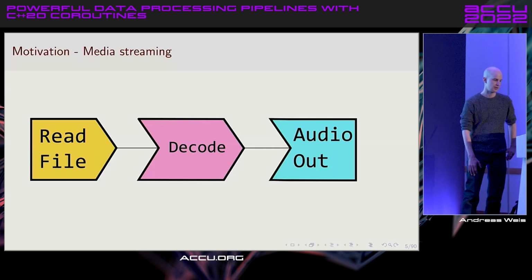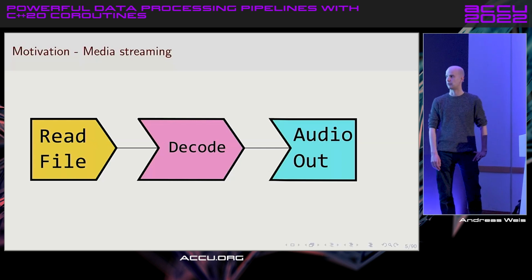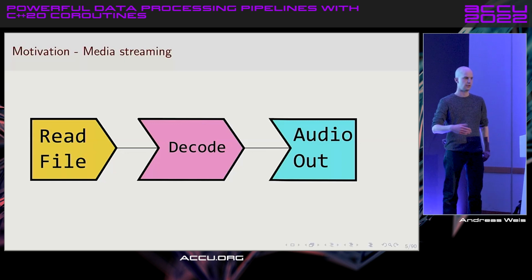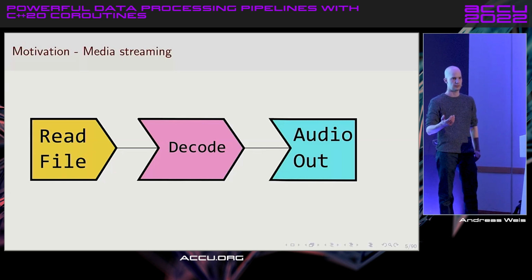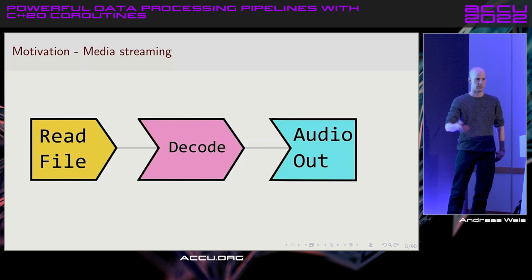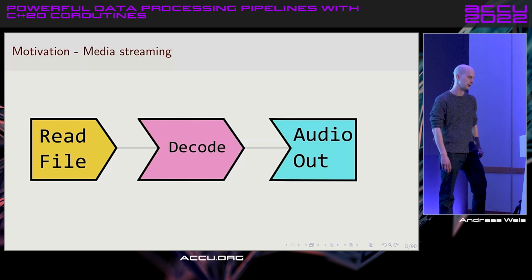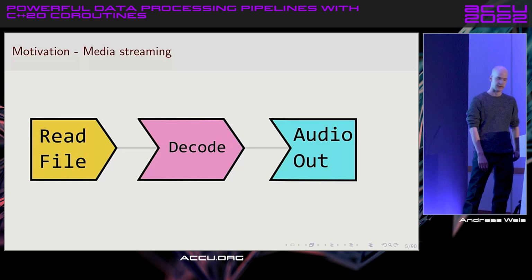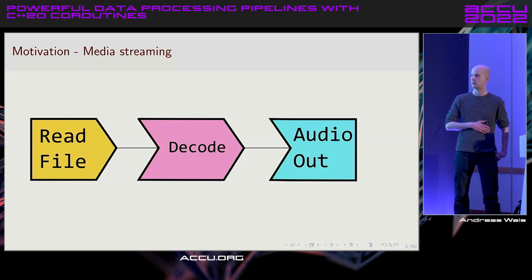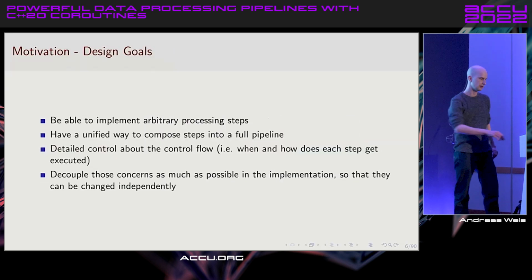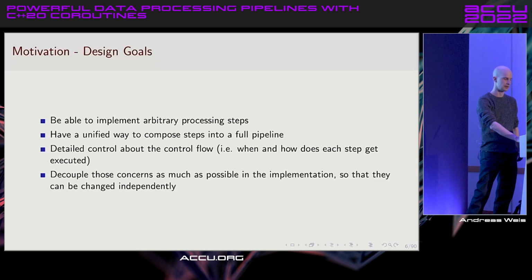The other problem was I wanted to read a file from a network stream, decode it, and then output it to an audio device, like media streaming of MP3 files, stuff like that. And as you can see already from the pictures, those two problems have quite a lot in common. It's always like having data flowing through these different processing steps.